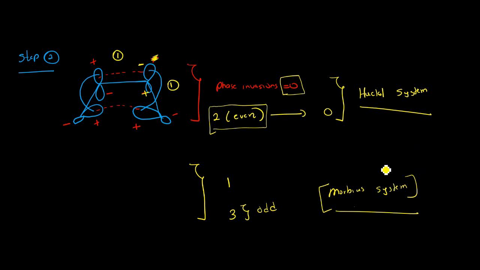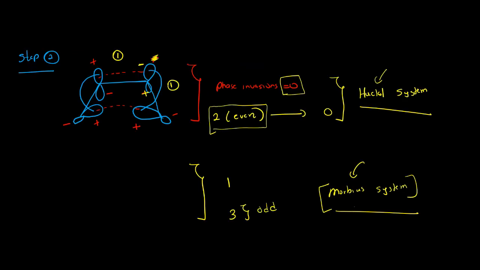In each system, you have specific rules: in the Huckel system you have specific rules, and in the Mobius system you have specific rules. Now in step 3, we are going to assign our transition state, whether it's aromatic or non-aromatic.